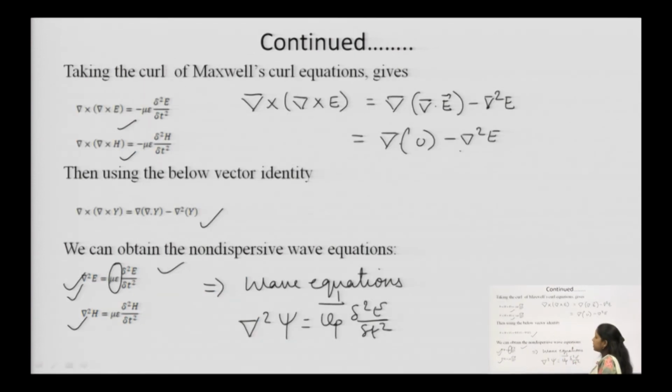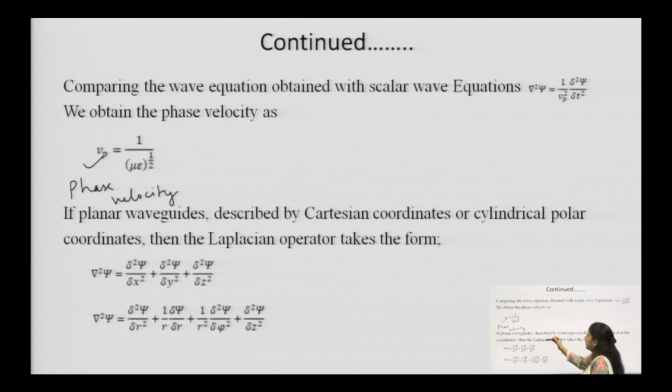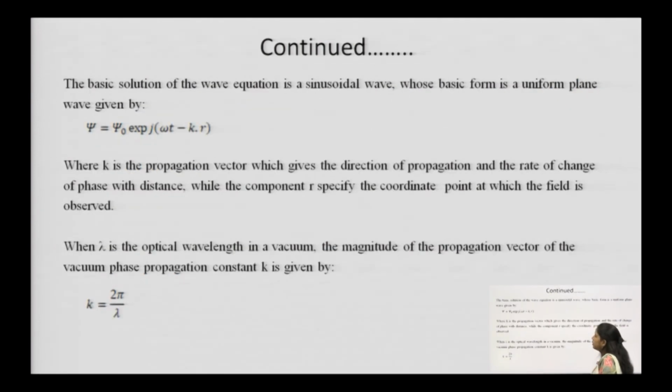When we write the equation in terms of the E and H field as in the last slide, we get our phase velocity as this, which can be used for each and every electromagnetic wave propagation. And this is the general expression in terms of Cartesian coordinates, and this is in terms of cylindrical coordinates.